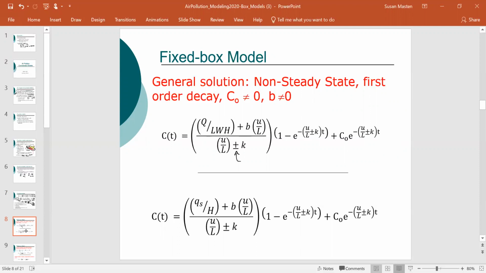Note here, if you have decay, then this term is actually positive. If you have formation, then it's negative. And that's because the terms actually switch. Think of this, if it's decay, then these terms need to add together. And that's the same in here.